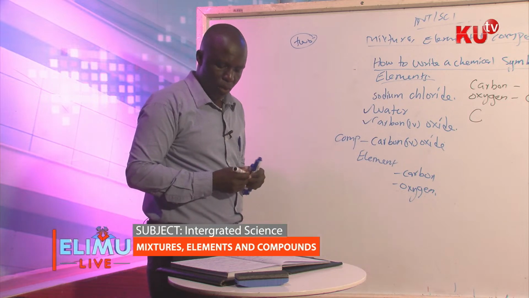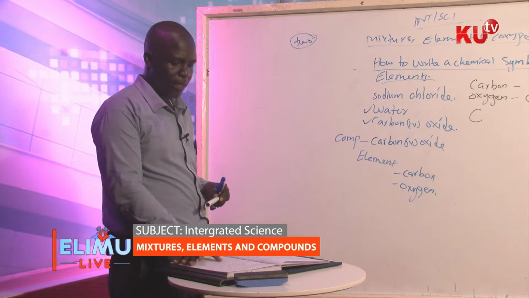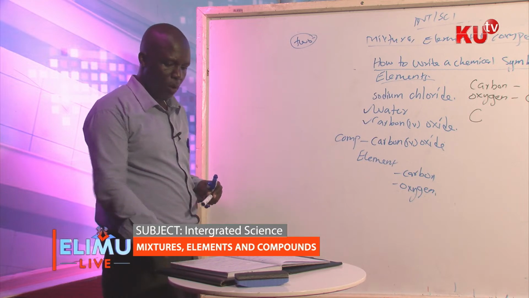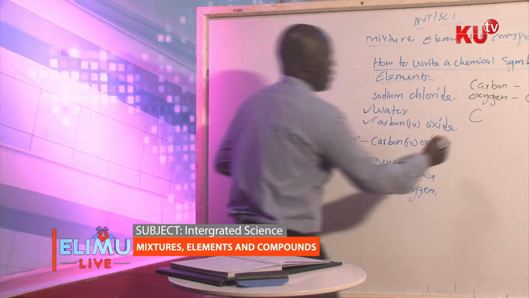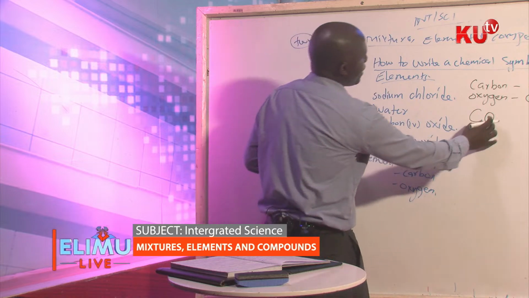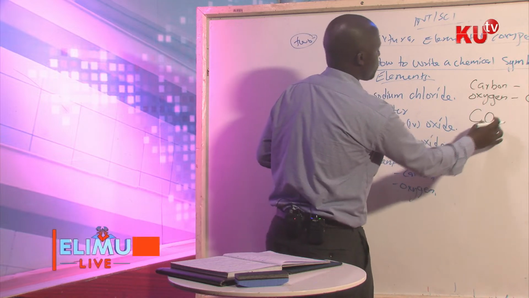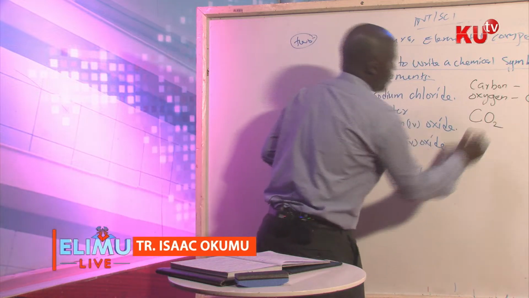Once we have identified which elements form that given compound, then we are able to write the chemical formula. Then we have oxygen, and you can see oxygen is a different element, and therefore it must also start with an uppercase letter. But there are 2 atoms.